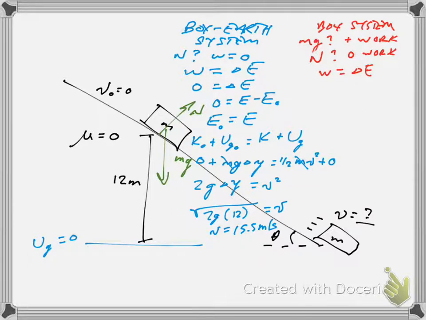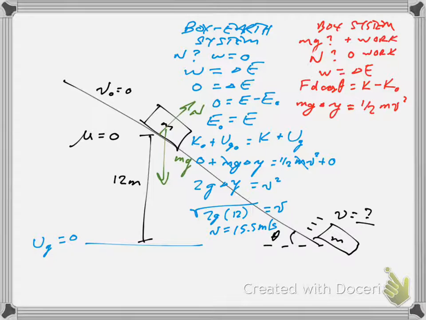The only difference is now, instead of mg and the displacement being in the exact same direction, there's a component of mg that's in the same direction. And so that's where that d cosine theta comes in. That's going to find the part of the force and the part of the displacement that are in the same direction. And so looking at this picture, the direction of the force is down, and so I'm only interested in the direction of the displacement that is in the same direction, or that is down.